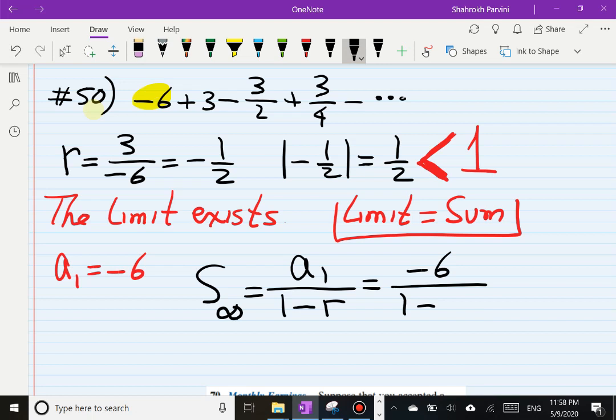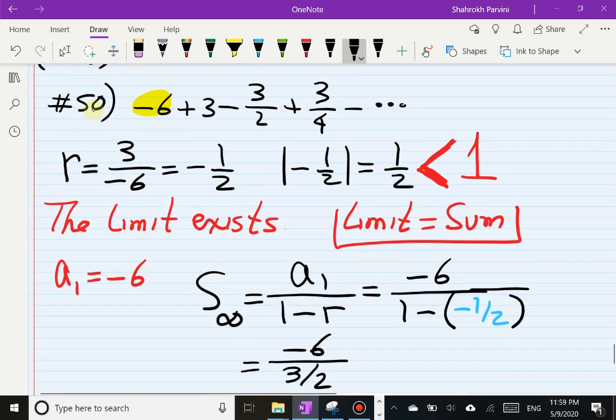That's going to be, let me use blue, -1/2. And there you go. That's what the common ratio was. Now, in the denominator, see we have a double negative here, right? Double negative makes positive. So this is just going to be -6 over a half added to 1. To divide by a fraction, we're going to invert and multiply.